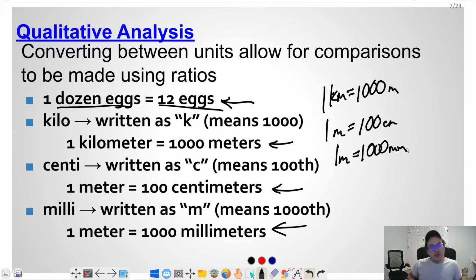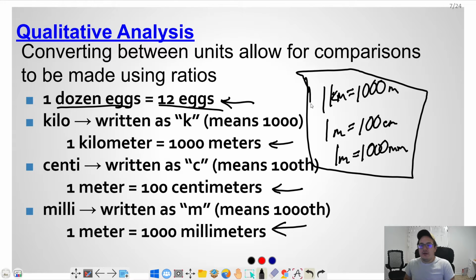Okay, those three numbers you're absolutely going to be using when it comes to doing your conversions. You might not already know those. We also use time, so like 60 seconds is a minute, 60 minutes is an hour. You're going to use those, but hopefully by this point you know those on your own.